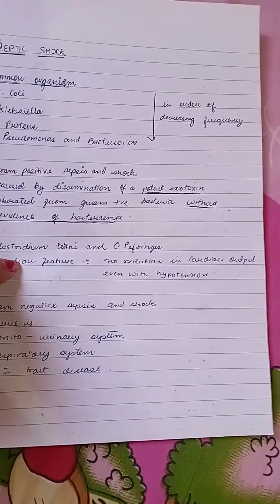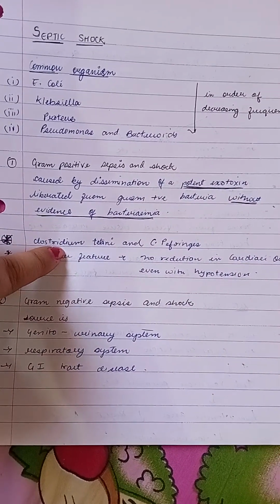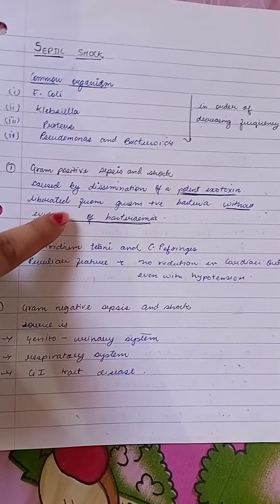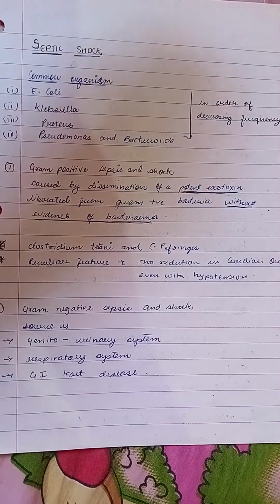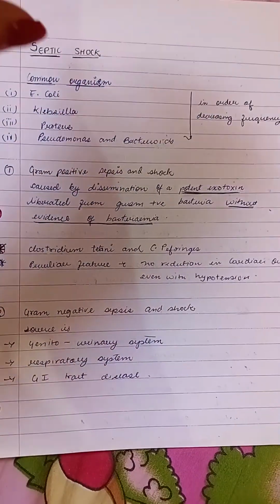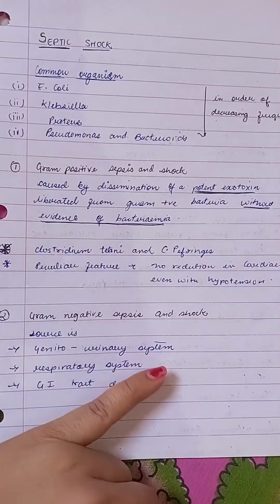Peculiar feature: no reduction in cardiac output even with hypotension. Hypotension occurs but cardiac output does not decrease. As we read just now when we described it in brief, it leads to abnormally high cardiac output.